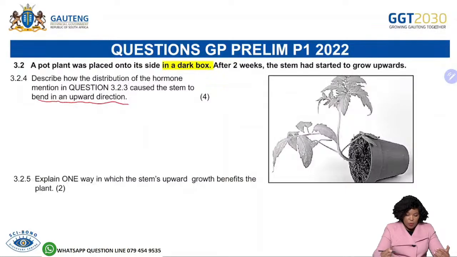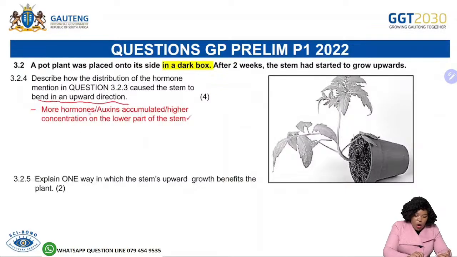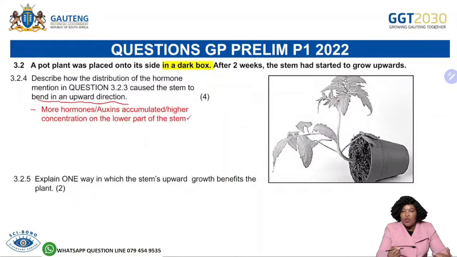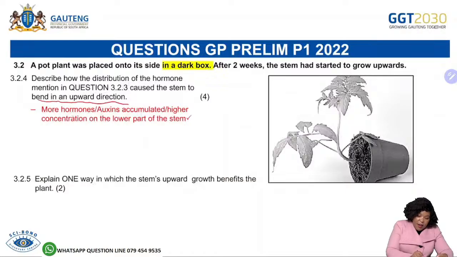But if you wrote the wrong hormone in the previous question, let's say you wrote gibberellins or abscisic acid, here you would say hormone. The examiner will not penalize you twice for not being able to mention that hormone in the previous question. Hence we have more of that particular hormone. But in this case, because we've already mentioned it, it is the auxins.